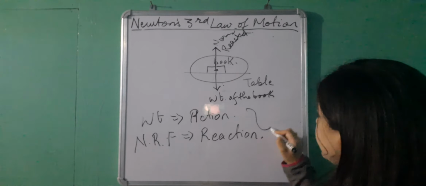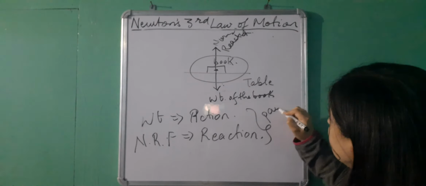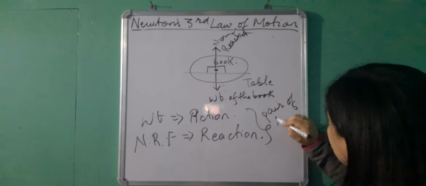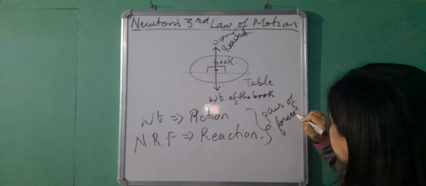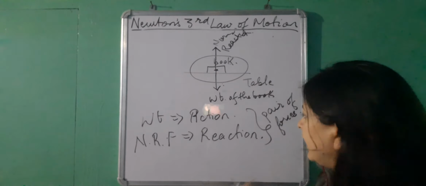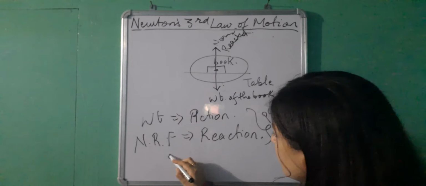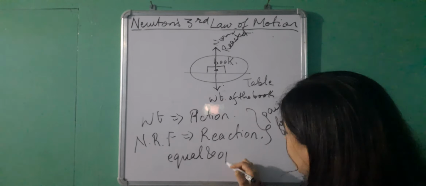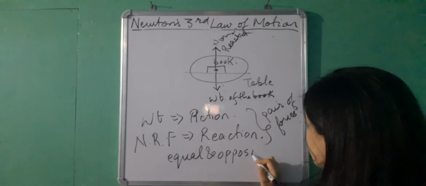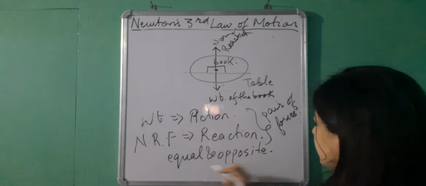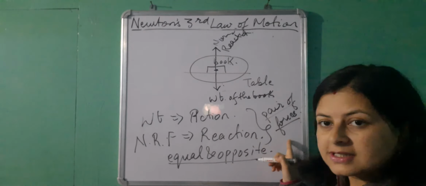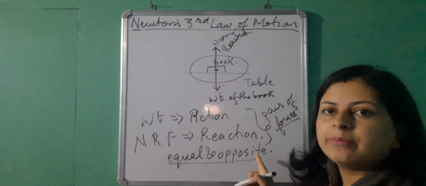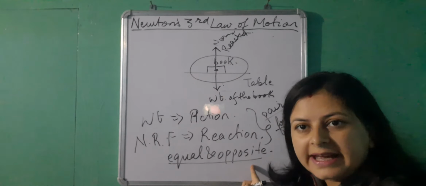So action and reaction are a pair of forces which follow Newton's third law of motion, and they are always equal and opposite in direction. So these are the three things you have to remember regarding action and reaction. They are a pair of forces, they are equal, and they are opposite in direction.